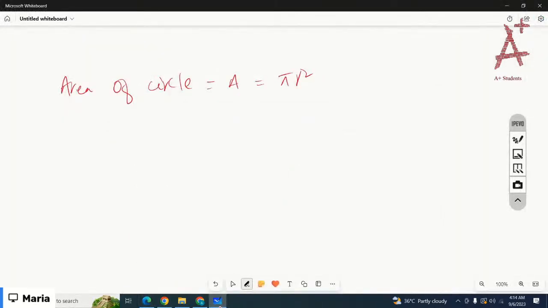So A equals pi times 2 square. 2 square is 4. You have to do 3.14 times 4, where 3.14 is the value of pi. So 4 times 3.14 is 12.56. The area of the circle is 12.56.